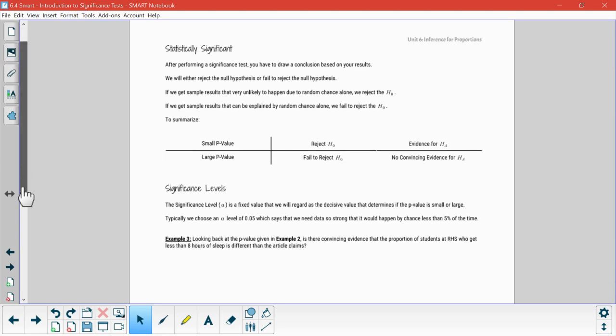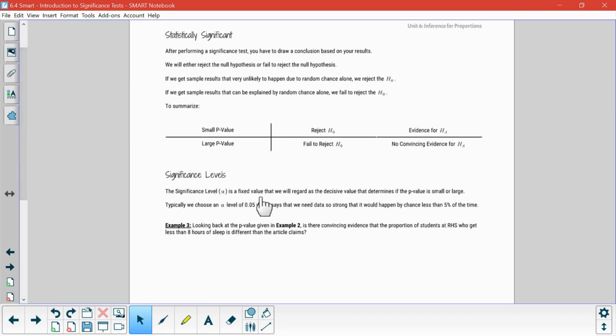So, significance levels. The threshold for what we consider to be small and large is dependent on a significance level. Typically, it's going to be an alpha level of 0.05. And if it's never given to you what the alpha should be, you work with 0.05.